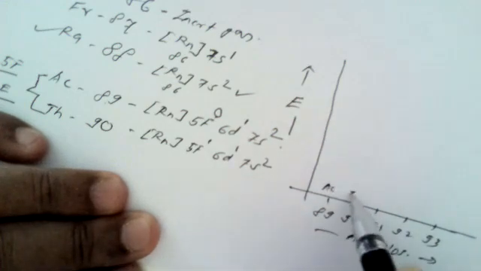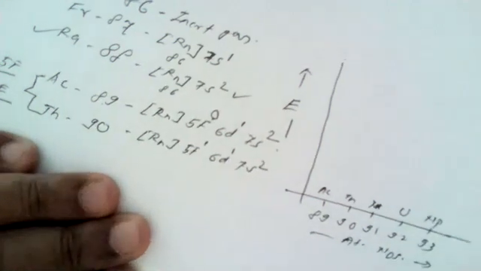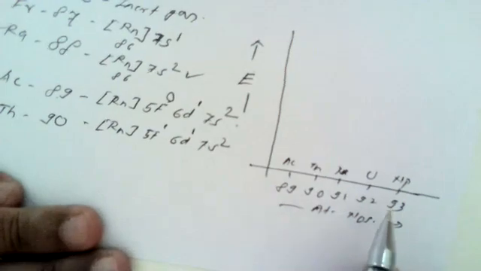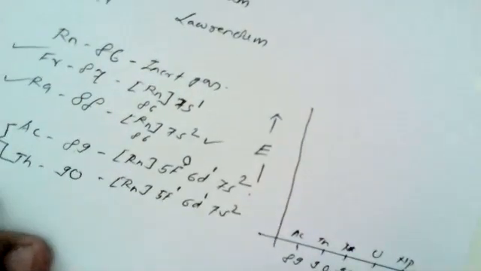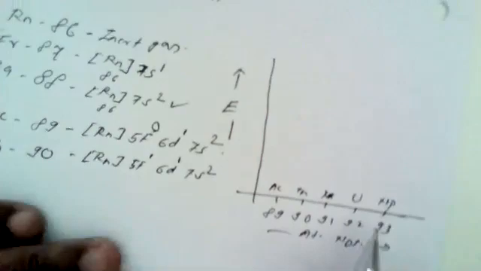This is actinium, thorium, protactinium, uranium, and neptunium. You can also write in your notebook because this will enable you to clearly understand the disruption of electronic configuration. That is, the continuous build-up of electronic configuration is disrupted after actinium.